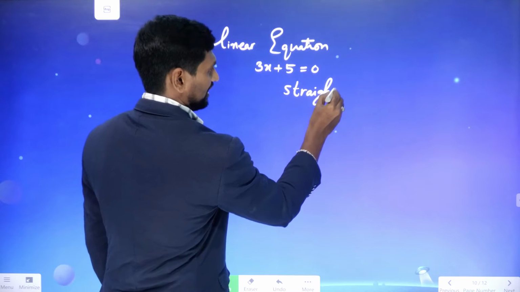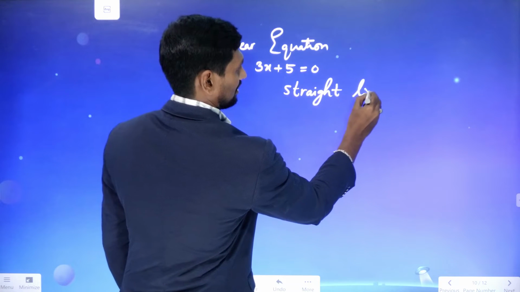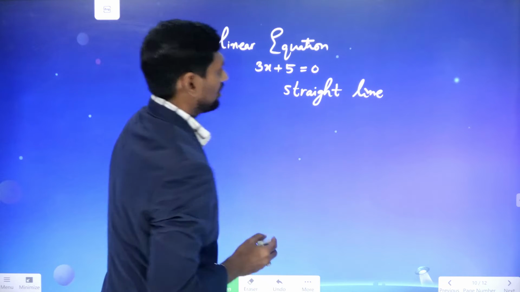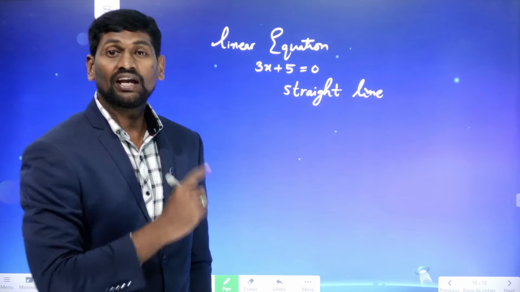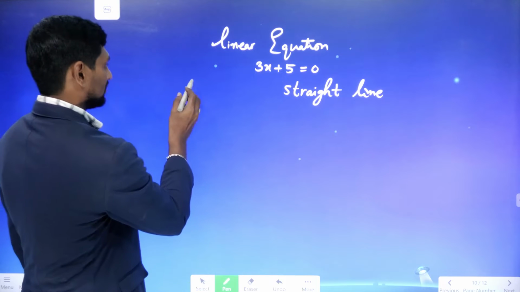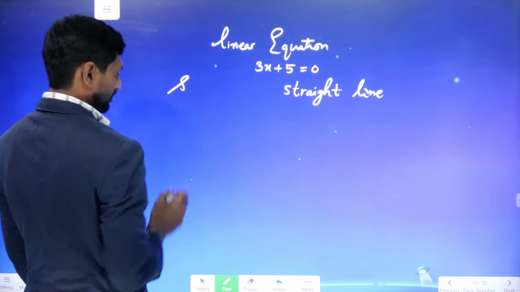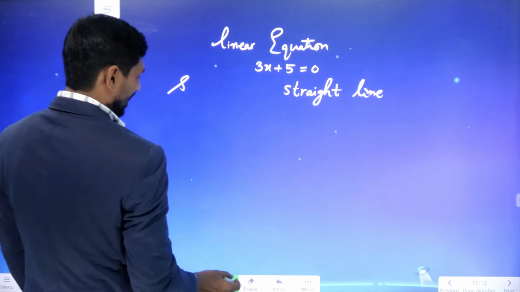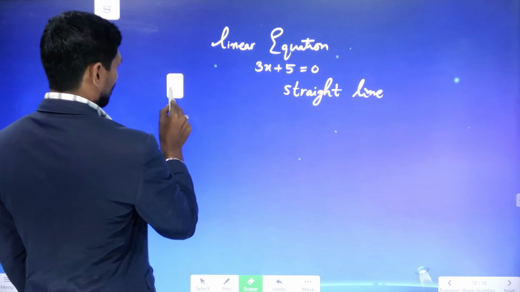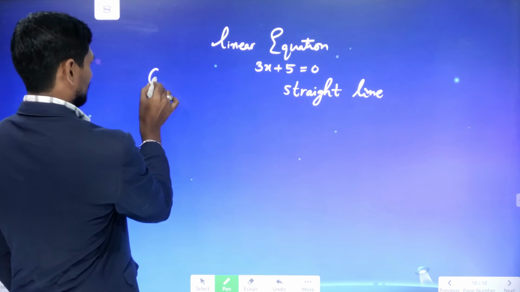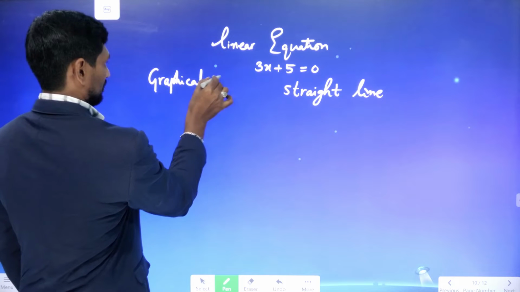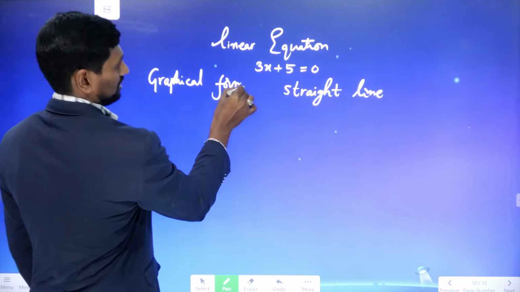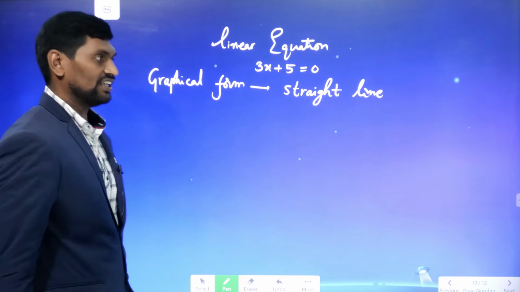So if you take any linear equation and draw it on a graph sheet, it always gives a straight line. So we can take it as the graphical form of linear equation: the graphical form of linear equation is a straight line.